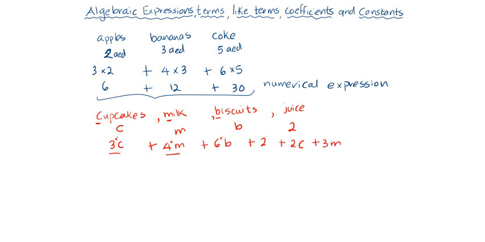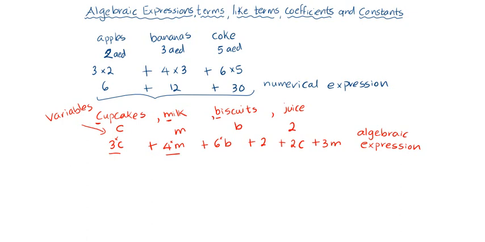Now this entire thing is what we call an algebraic expression, because this sentence not only has numbers, but it also has alphabets. The alphabets we call variables.